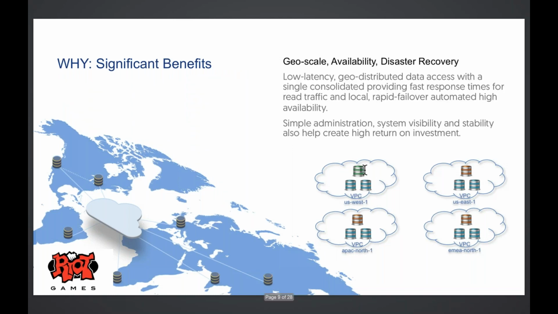Well, so here's the architecture. We start out with the primary active cluster in US West 1. It has this green node at the top and 2 blue nodes, so that's a writable master and 2 read slaves. And then in the other 3 regions, we have this orange node, which we call a relay.